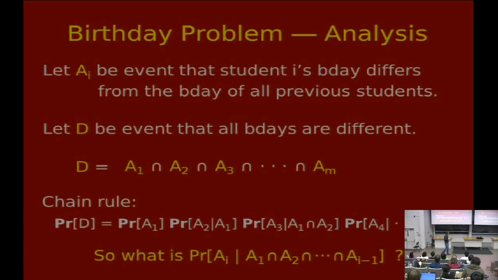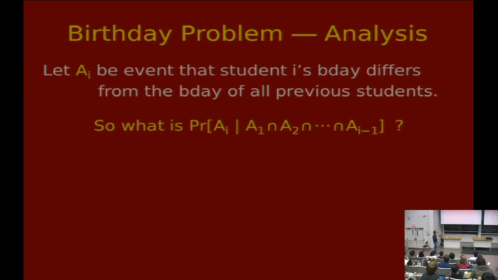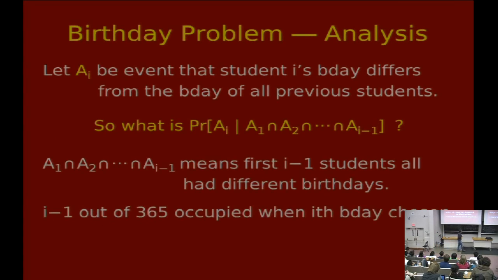Okay, so in English, what does this mean? What it means is we're conditioning on this event. We're assuming that the first i minus 1 birthdays are all different. And now we're asking what's the probability that the ith one is also different from those. So after the i-1 birthdays have been chosen, we're assuming they're all different.